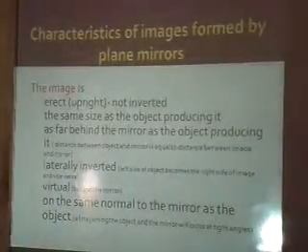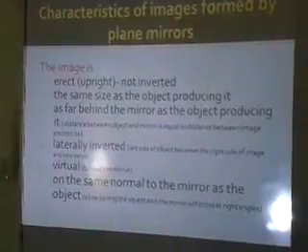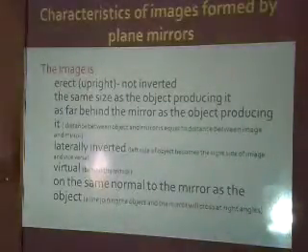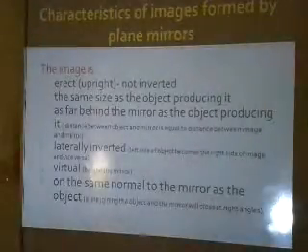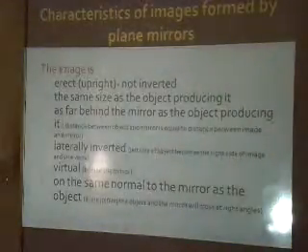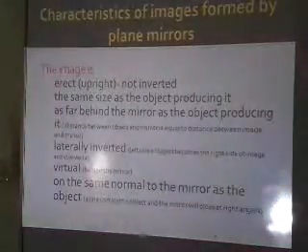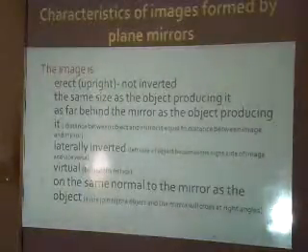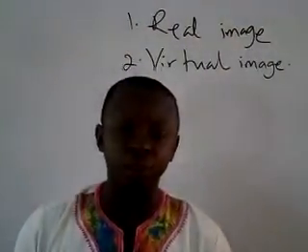And then two, the size of the image is the same as the size of the object. Three, the distance between the image and the mirror is equal to the distance between the object and the mirror. So we say that the image is as far behind the mirror as the object.